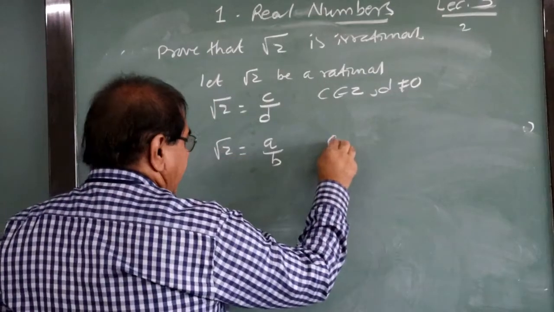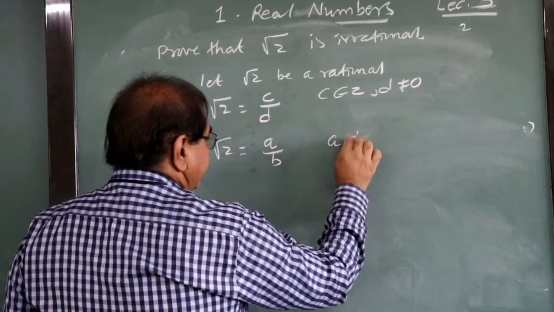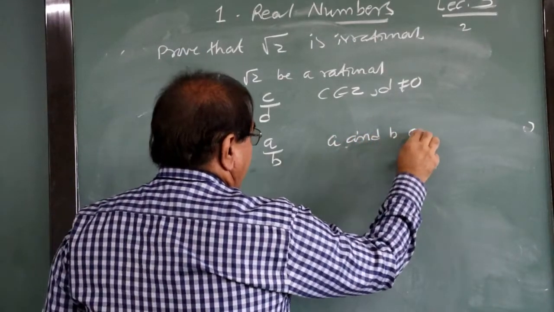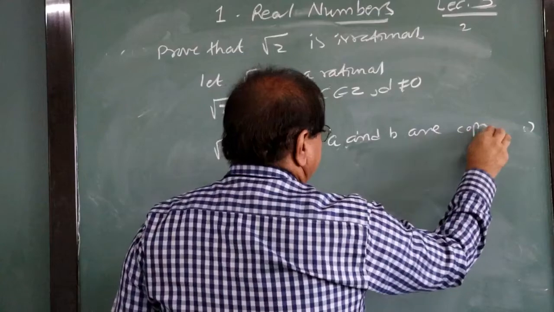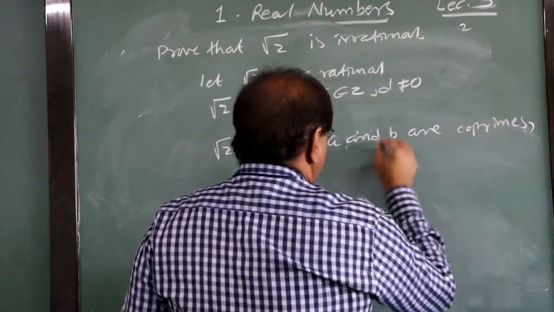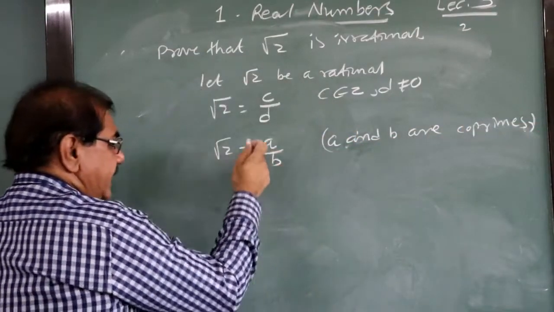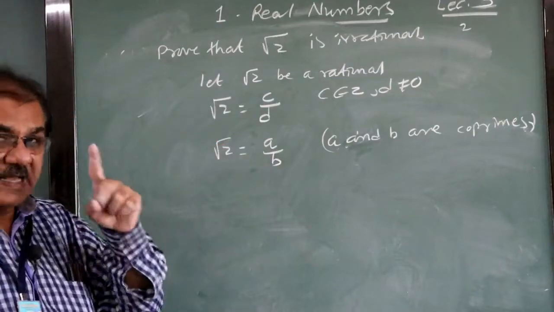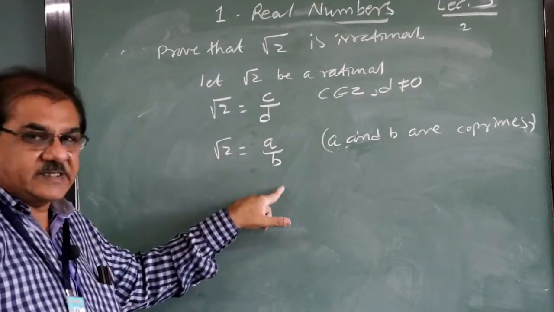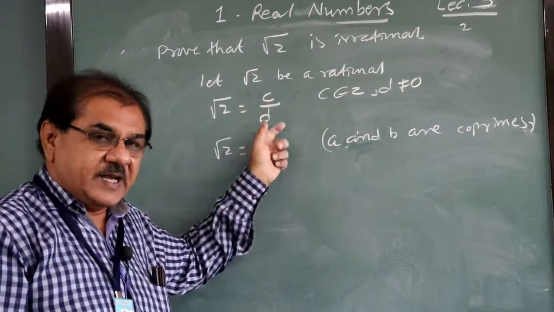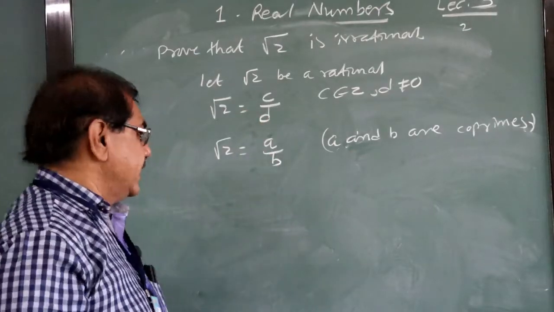So I can say A and B are co-primes. They are mutually prime numbers, so they don't have a common factor. It is our assumption. So root 2 is a rational number with this condition that A and B have no common factor. Okay.